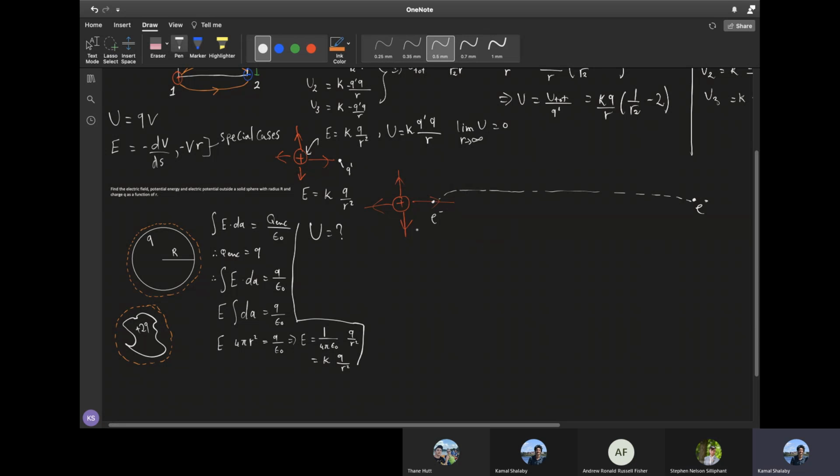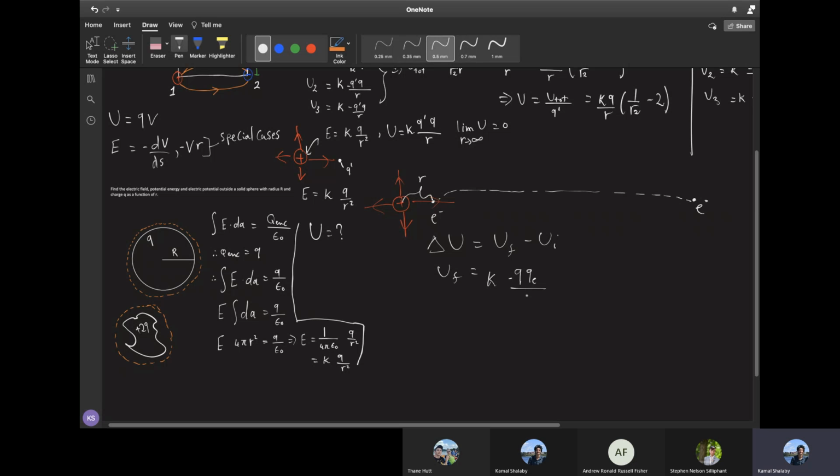Well, not really, because the potential energy is the change in U, which is U final minus U initial. We have that U final is equal to this equation: k times Q multiplied by the charge of E, which is negative, over the distance r.